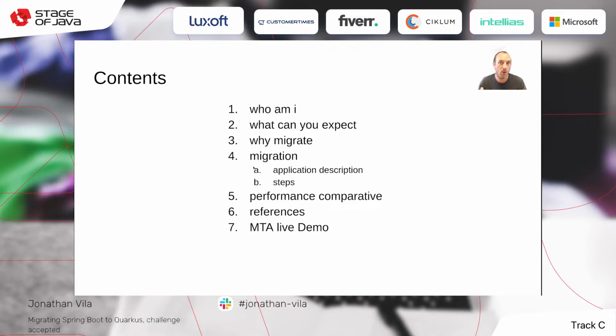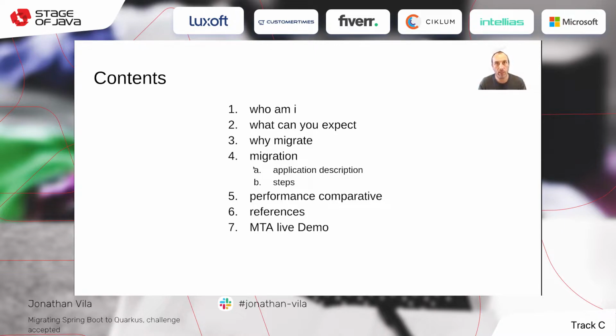This is a small application being migrated, but it should be like an experiment for you to know what you can expect when you try to migrate a real application. So I think the metrics that I will give at the end can give you a bit more context.